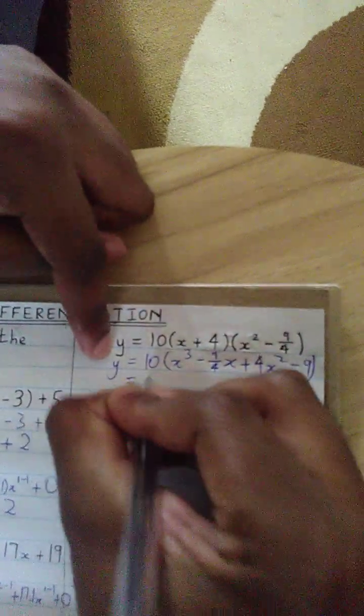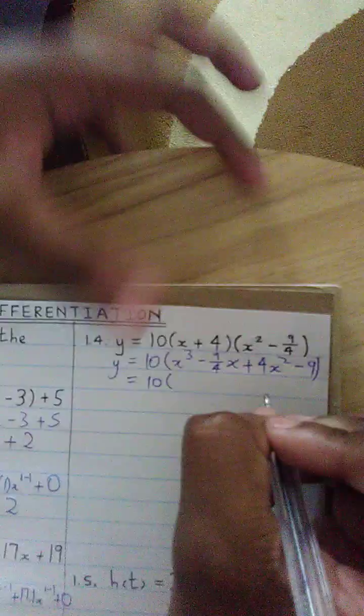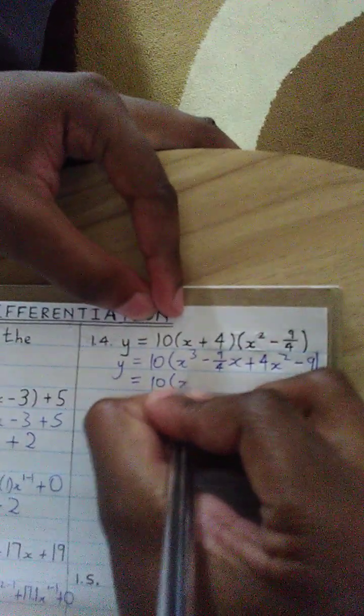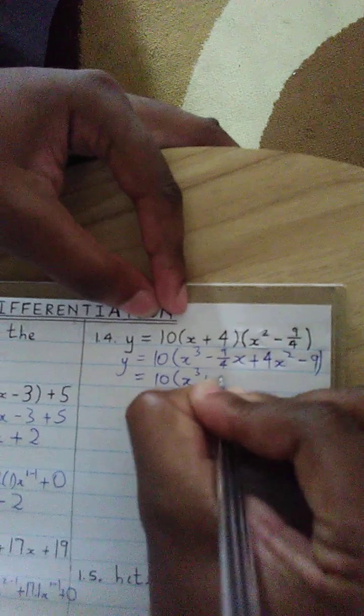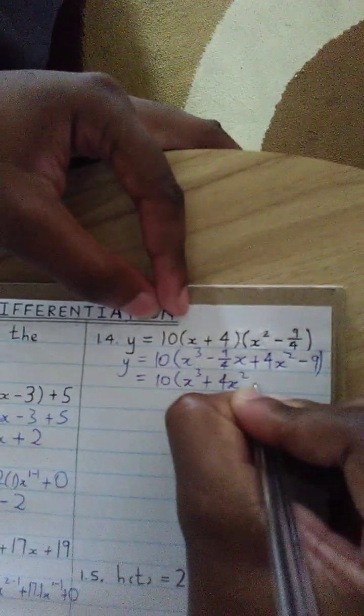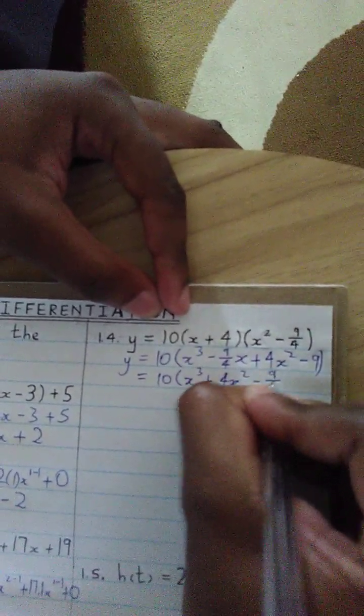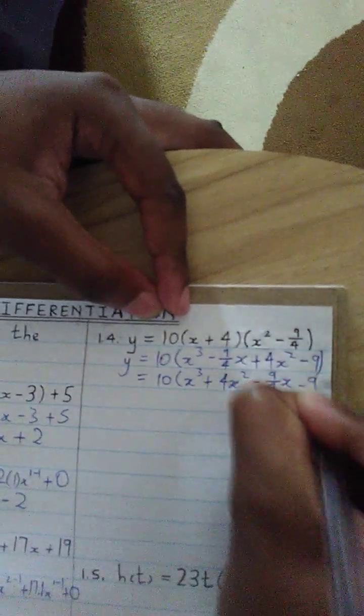So first we have to simplify in the bracket. Oh, it's already simplified. x cubed plus 4x squared minus 9 over 4x minus 9.